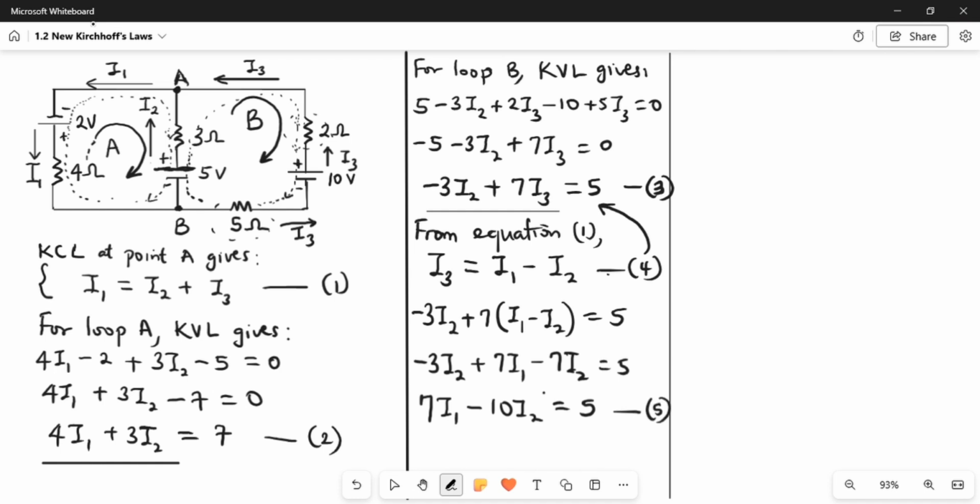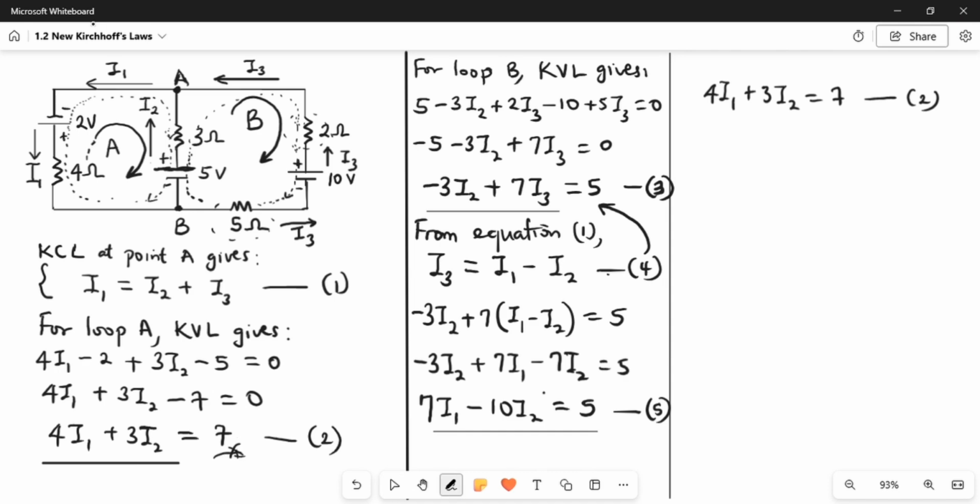So we can now solve equations 2 and 5 simultaneously. Bringing them together, equation 2 is 4I1 plus 3I2 equal to 7.